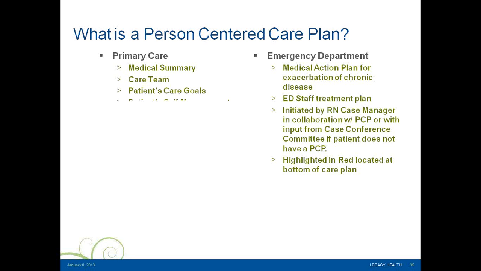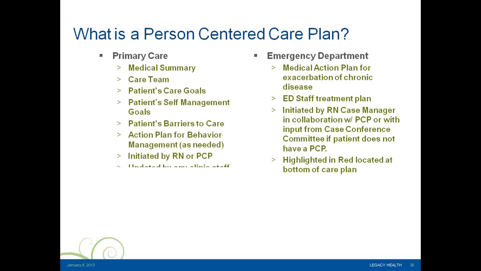So what we developed into our person-centered care plan was a combination of primary care needs and the ED needs in order to get one plan for our patients. So within the primary care side, we have a medical summary and just a brief history of what's going on with the patient, that they're a diabetic or they have heart failure, and how long and what types of things have been going on with them clinically.